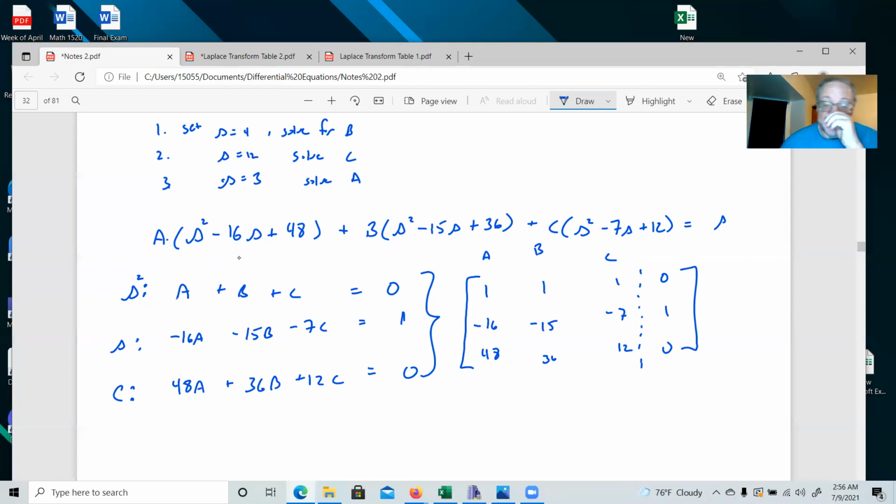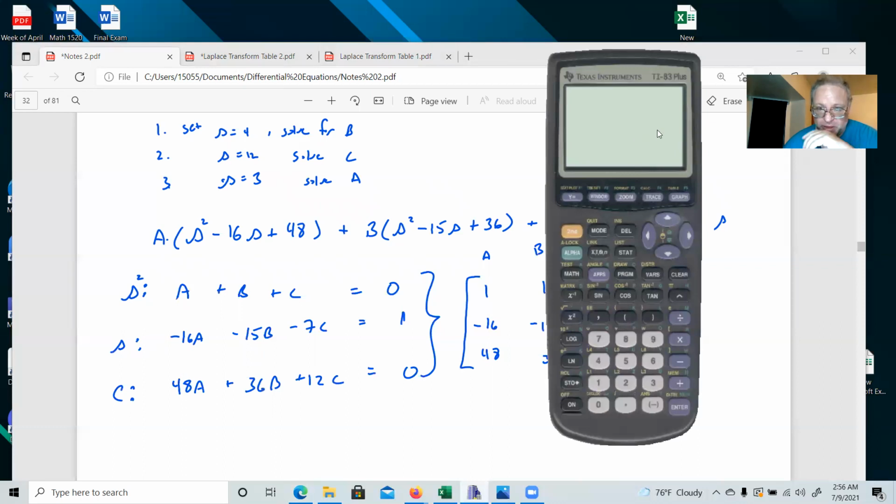You could look at this and rightly say, oh no, we're not doing this. And I would agree, because this is a mess. However, like they recommend, you would get to an 83 or 84 calculator, and you have a matrix button on your calculator, second function matrix.